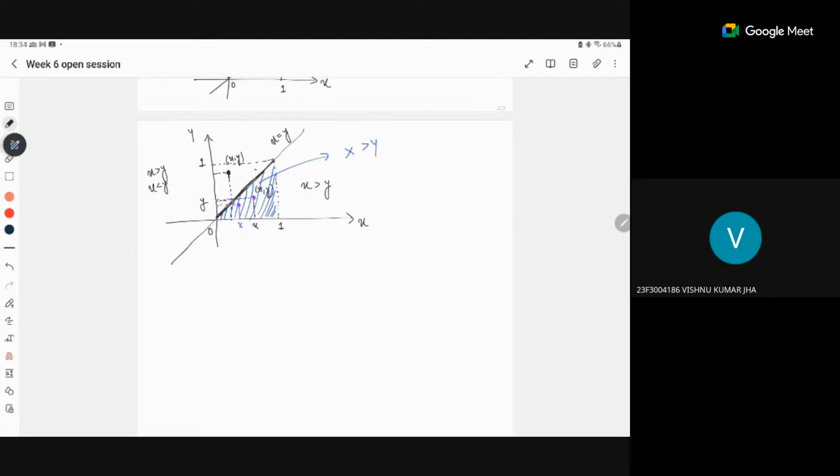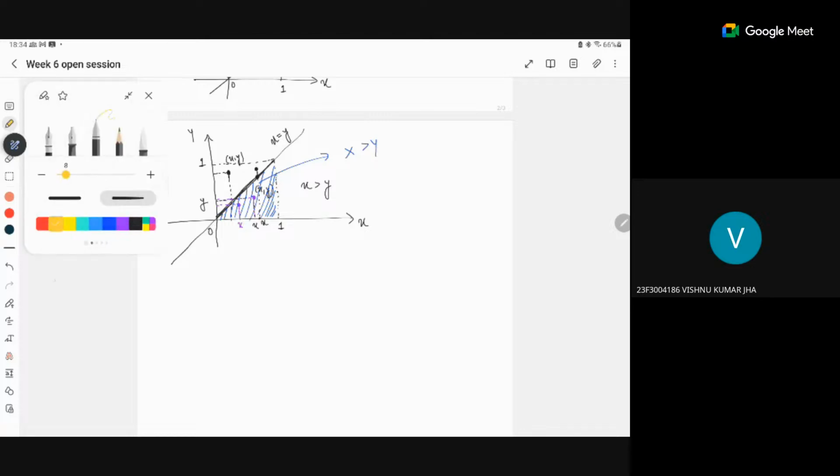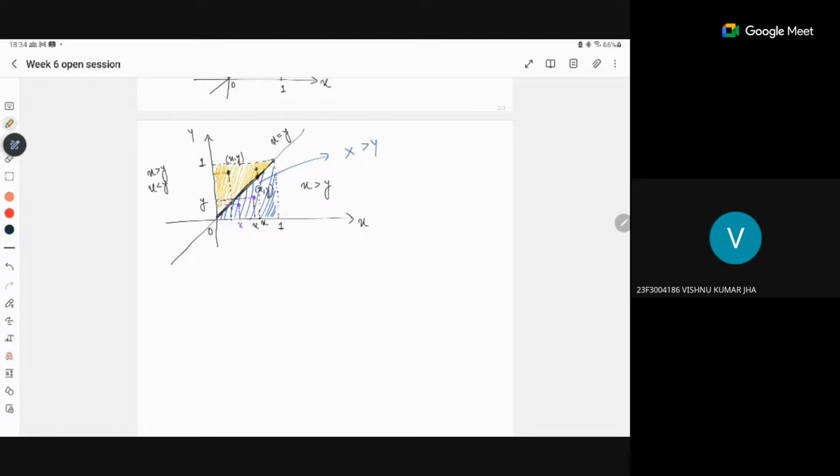If I take any point over here, again this point is above this line. At this point, my x and y would be equal, but the moment you go up, my y becomes bigger. So this whole yellow shaded region is x less than y, right? Hope this is clear.